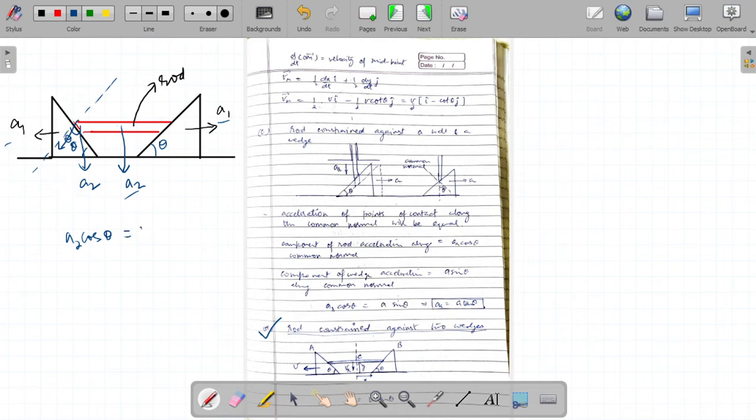Similarly, the component of acceleration of the wedge in that direction, the common normal, would be a1 sine theta. So I can say that a2 is equal to a1 tan theta, and that is the relation which we would be getting.